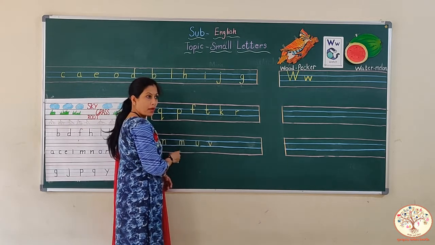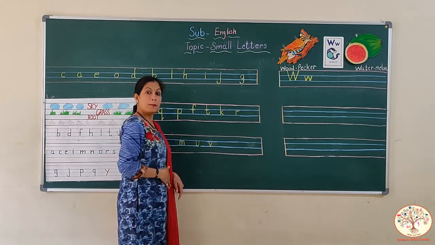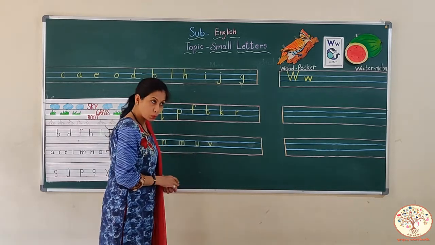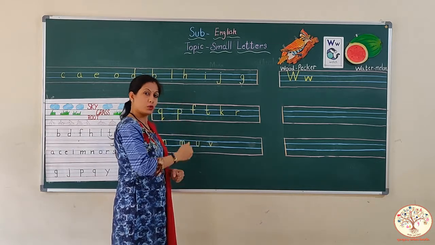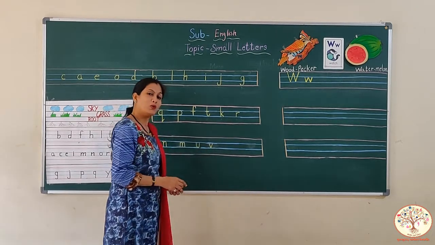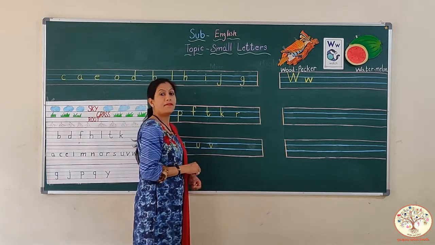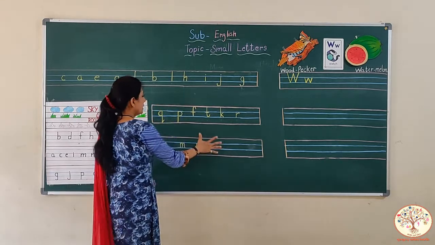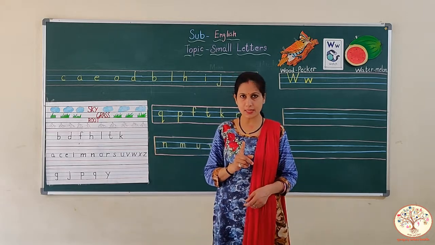Okay, small M. M says M. And this one is U. Small U. U says U. Okay, and this one is small V. Small letter V. V says V. Okay, so these were the letters that we have learned. I hope you all are practicing these letters.